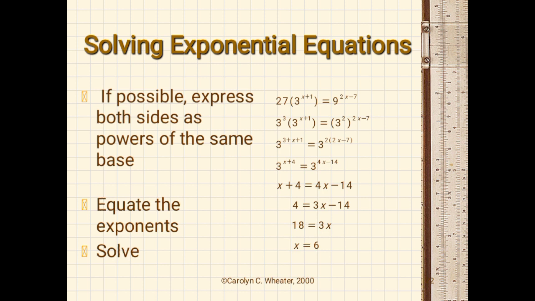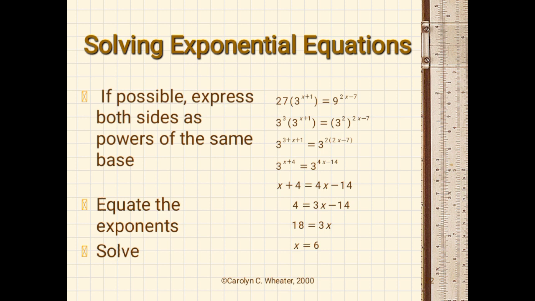So 3 raised to the power of 3. Why raised to the power of 3? Because 27 is equal to 3 times 3 is 9, times 3 is equal to 27. The quantity of 3 raised to the power of x plus 1.